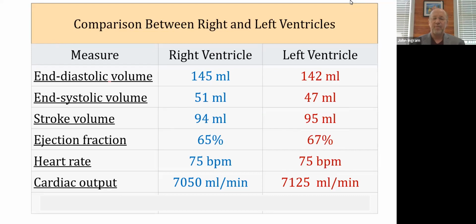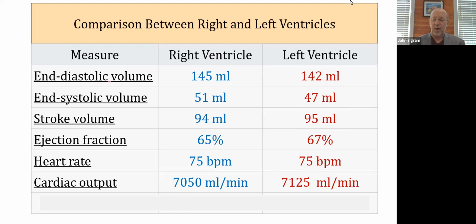But if you look at the left ventricle, end diastolic volume is a little bit lower, 142. The end systolic volume is a little bit lower at 47 cc's. But the actual stroke volume then of the left ventricle is 95 milliliters. This gives the left ejection fraction being 67%.